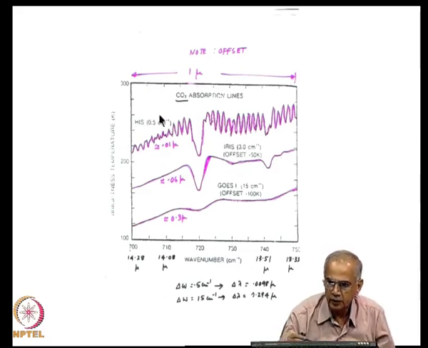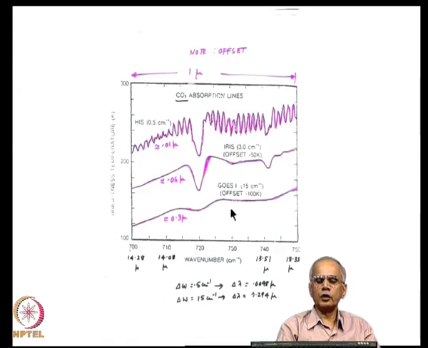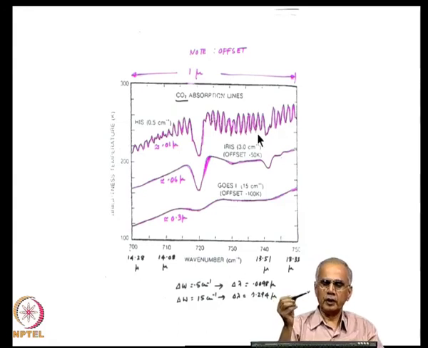You can see that the high resolution spectra here shows the line structure, which is just about visible here, and is almost gone in the case of the older satellite. As you go from older to newer satellite, the resolution is improving continuously. So, newer satellites give you much more structure, which has some value for interpretation.